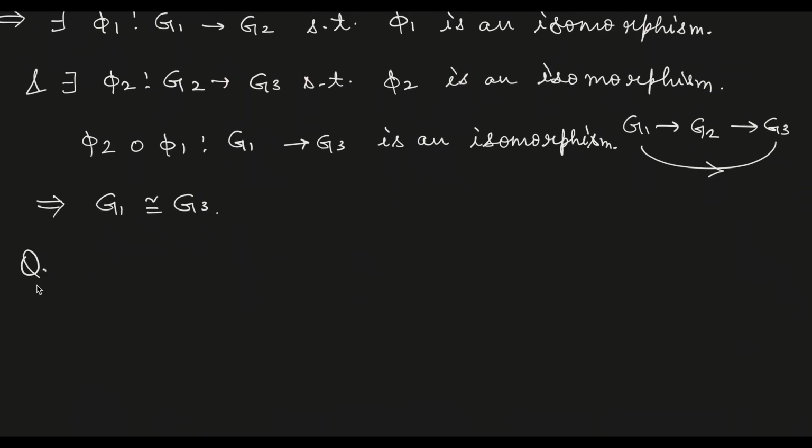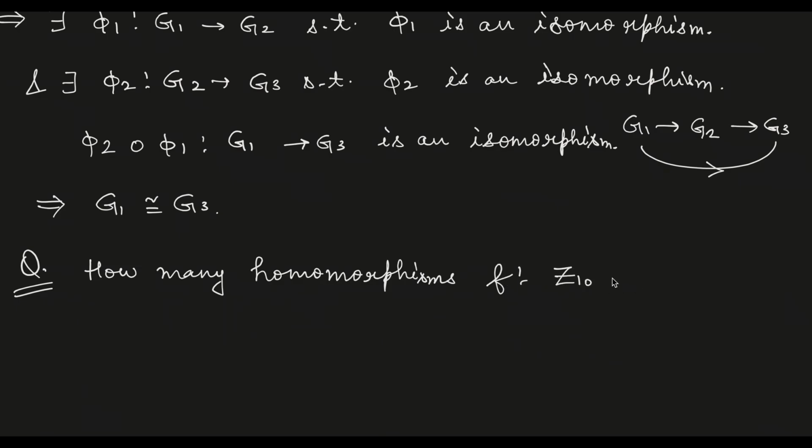Now some questions on the topic which we have discussed yesterday, day before yesterday. How many homomorphisms F mapping from Z10 to Z25 are there?